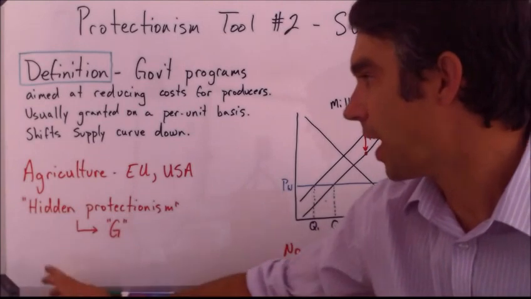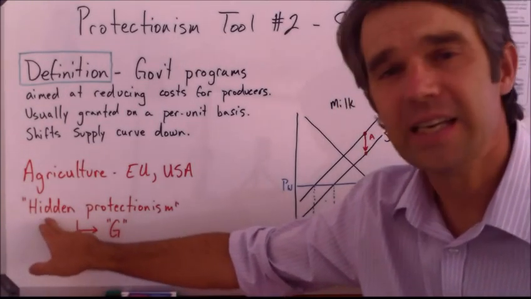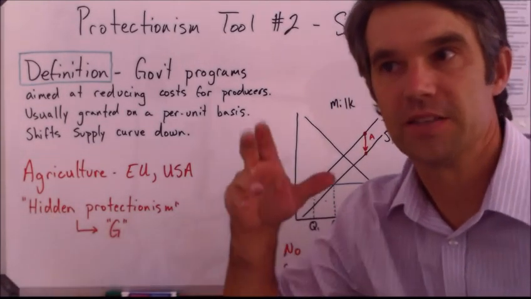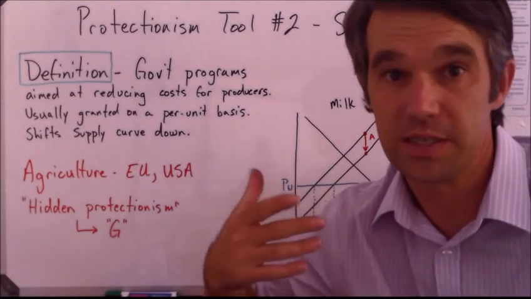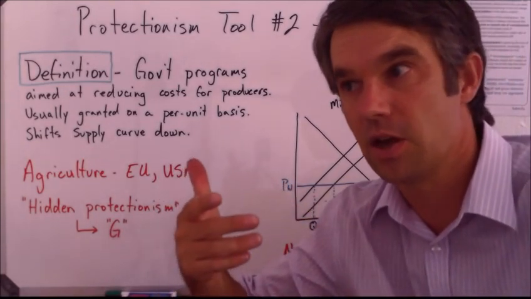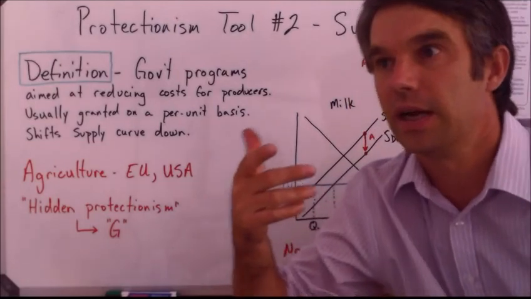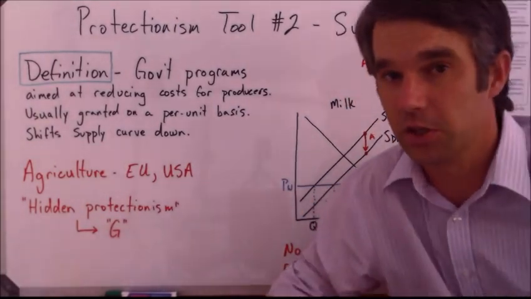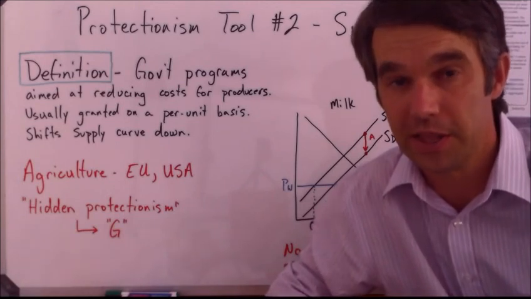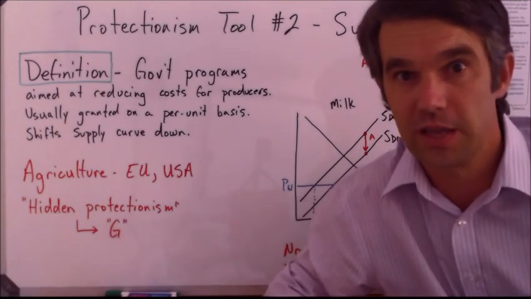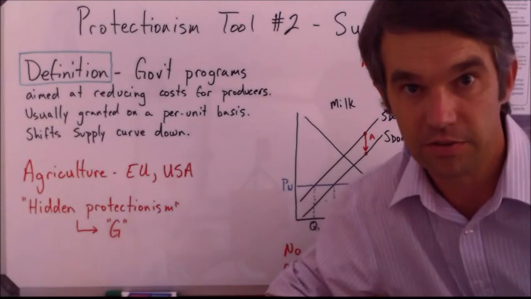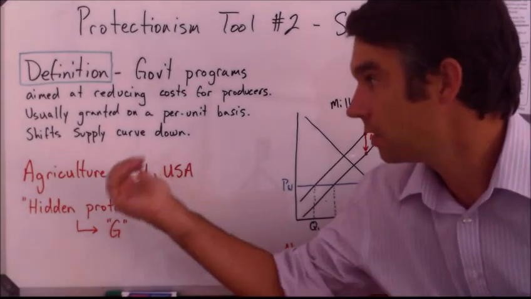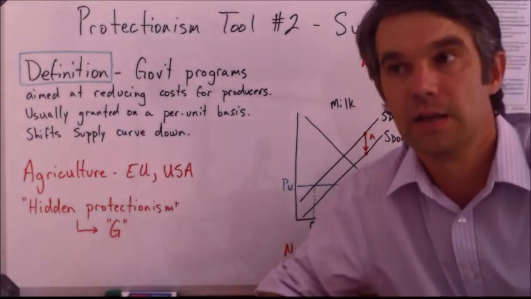Some other things to think about. It is a bit of hidden protectionism. I said yesterday that a country doesn't want to be seen as protectionist. So, for example, the EU and the USA, they use a lot of these on agriculture, and a lot of countries have a real problem with it. In fact, in both cases, it's pretty ridiculous the amount of subsidizing that goes on in agriculture.